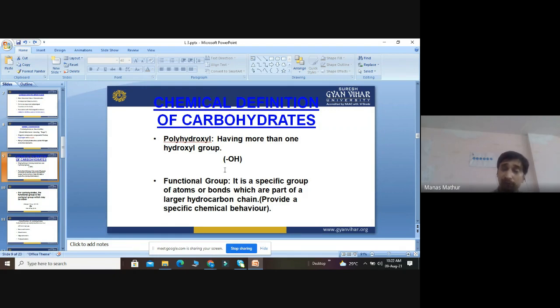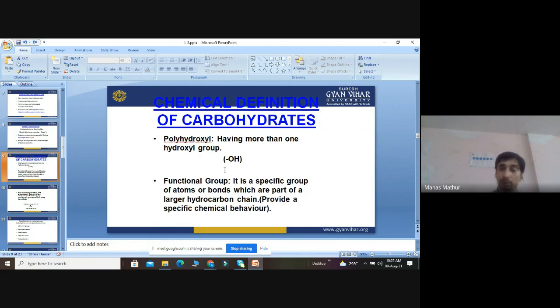Based on the functional group, we can determine the specific chemical behavior of the compound, whether it belongs to acid, aldehyde, or for example NH2, which belongs to amines. CONH2 belongs to amides. Based on the functional group, we can easily differentiate the various biochemical compounds.